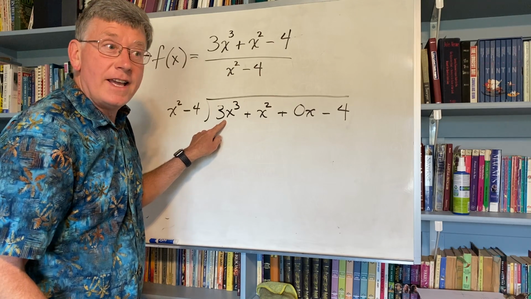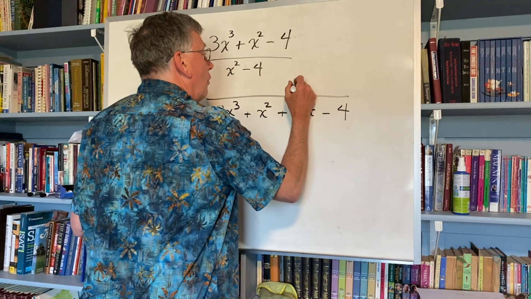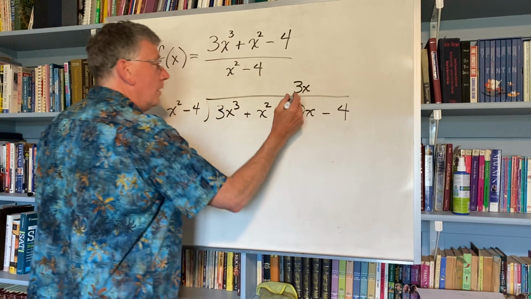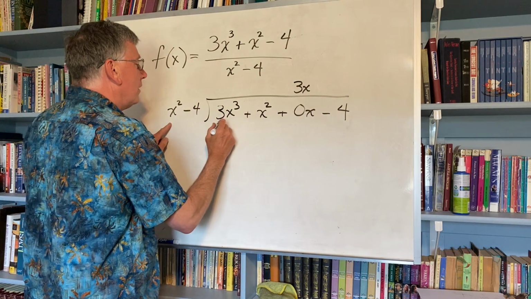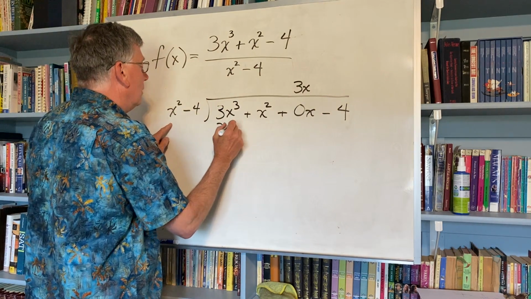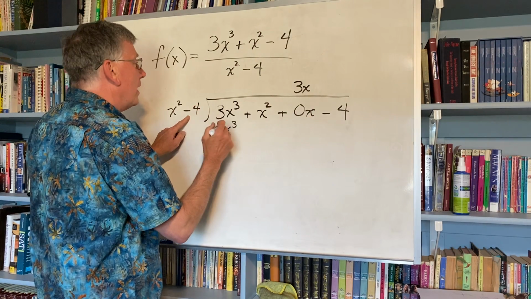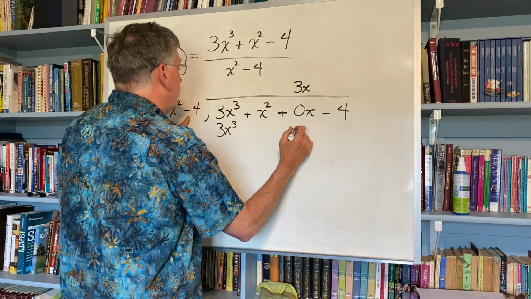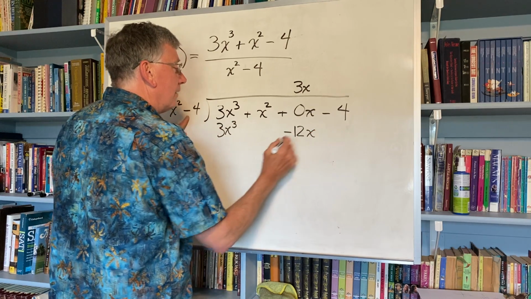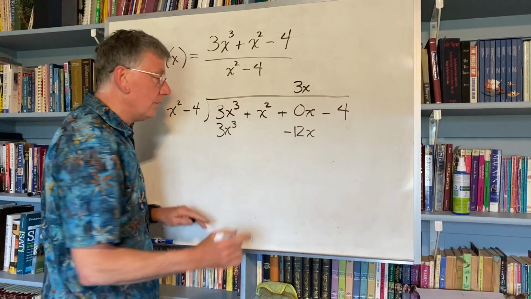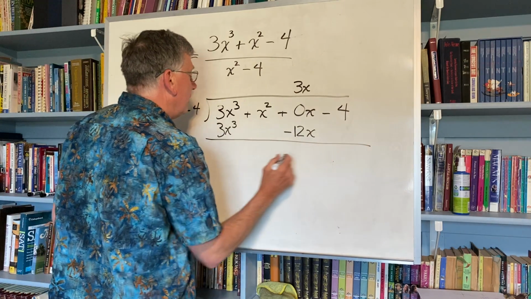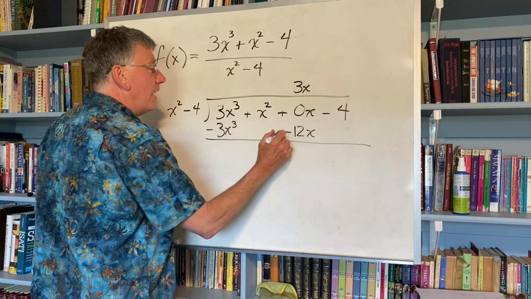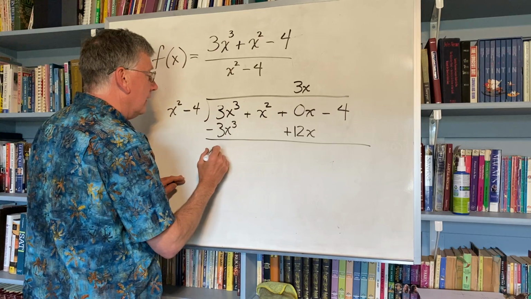Well, it'll go 3x times. So over here I'm going to write 3x. 3x times x squared is 3x cubed. 3x times a minus 4 is minus 12x. There's nothing else I can do. Draw my line, change the signs, and add.